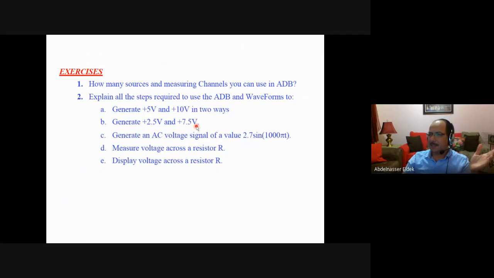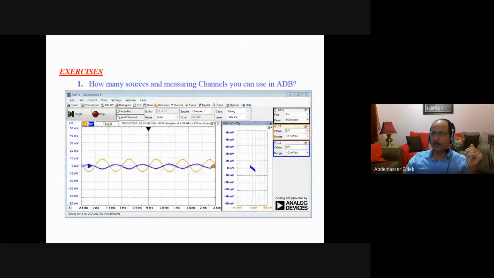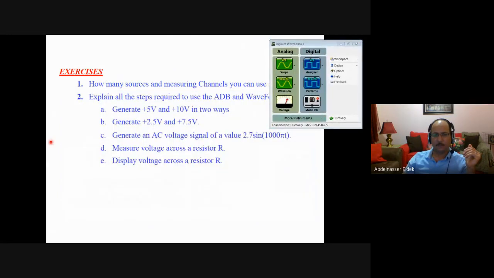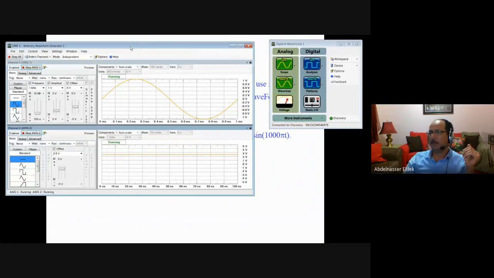How to generate an AC signal of value 2.7 sin(2πft)? Let us see how to do that using the waveforms here. We need a wave generator to do that.